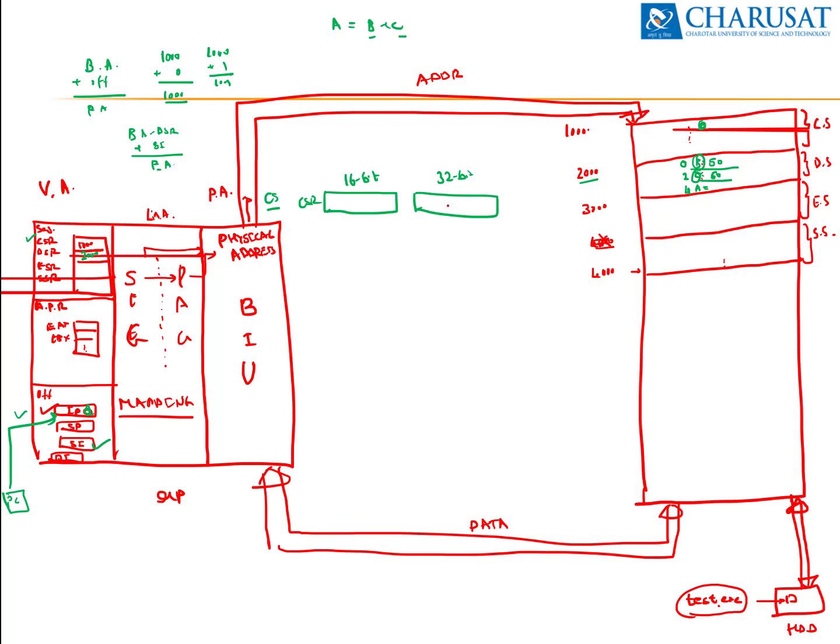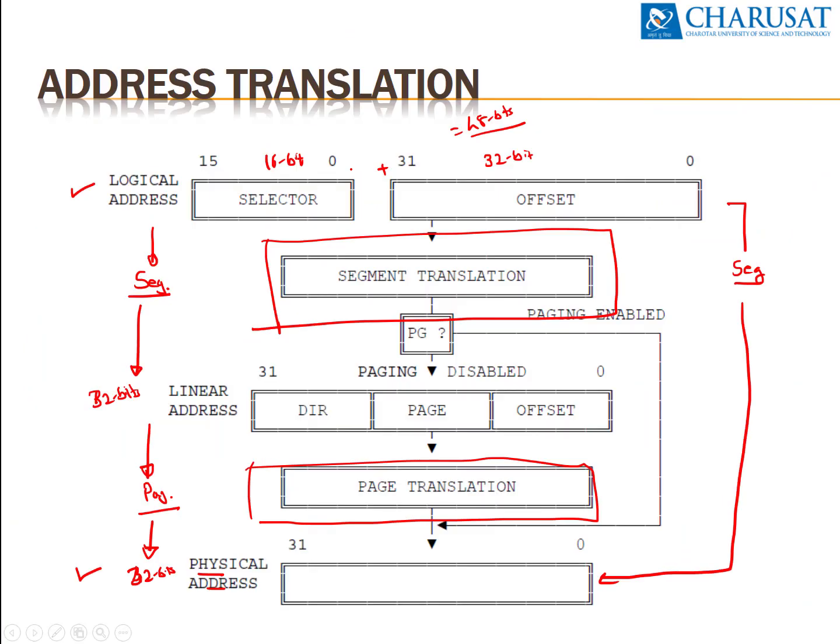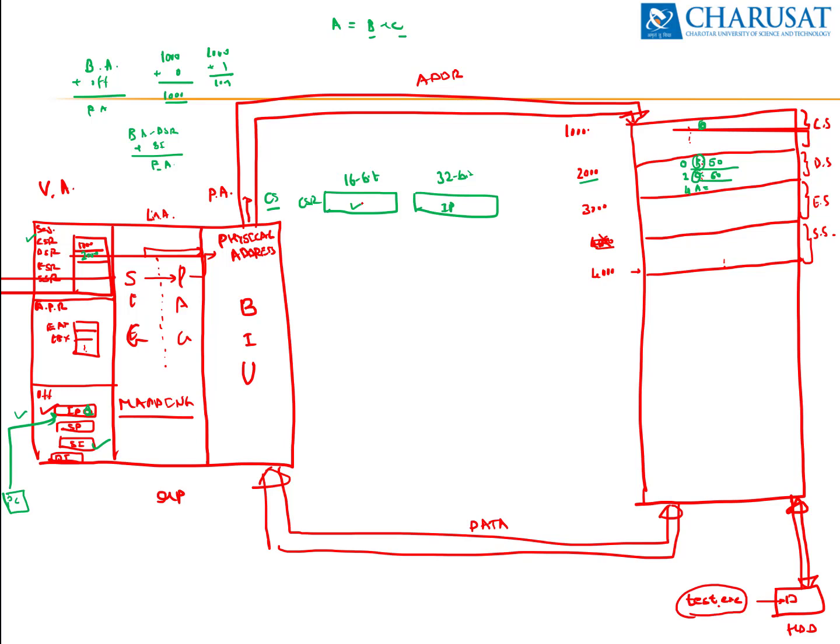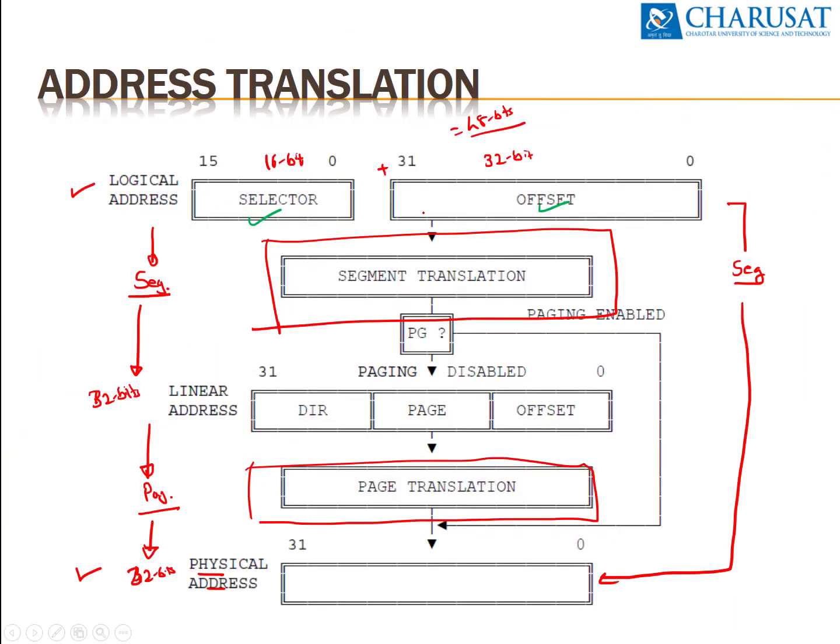This is the selector and the offset value. The selector is part of CS, the code segment register, and the offset is nothing but the index pointers. The same way for the data segment: there is a 16-bit DSR value, and then the SI value, which is 32 bits. The same goes for ES and SS. So the conclusion is that I wanted to explain where this selector came from and where the offset came from.